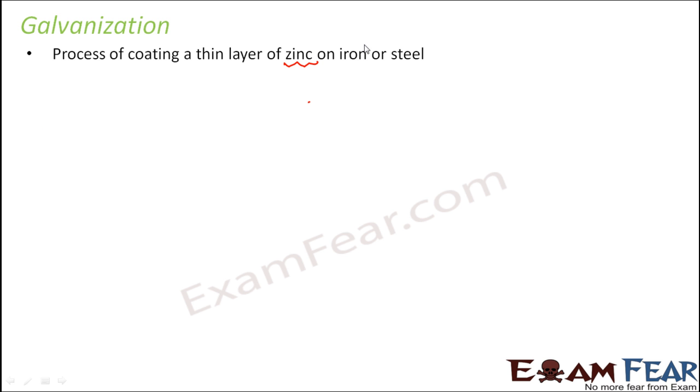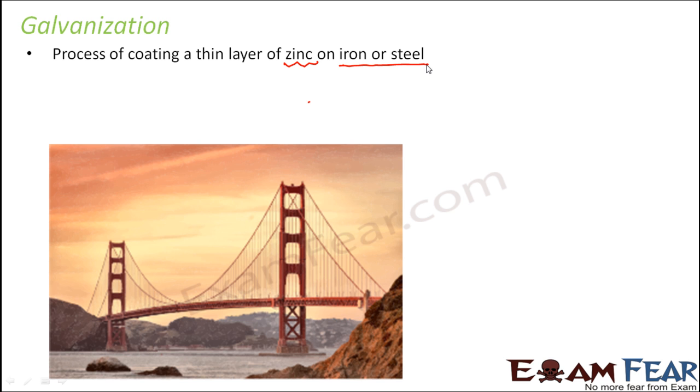Why do we coat a layer of zinc on iron or steel? Now, there are a lot of substances where iron is used for their construction. So, one of the very good examples are the bridges. So, bridges need to be really strong. Now, iron is a metal which provides a lot of strength. So, because of this property of iron, it is used for the construction of bridges.